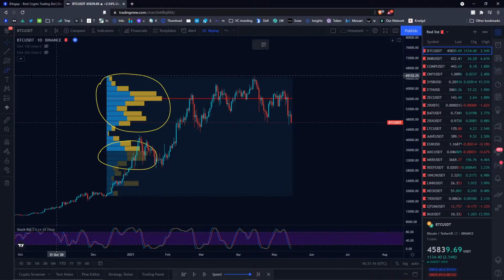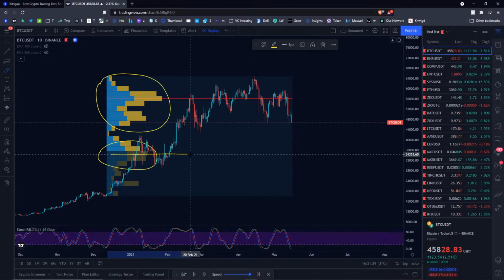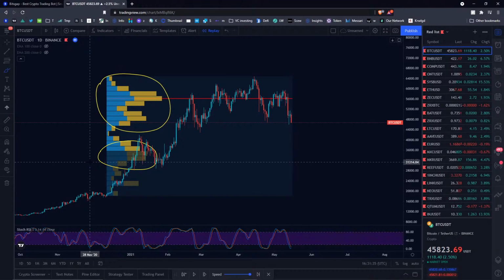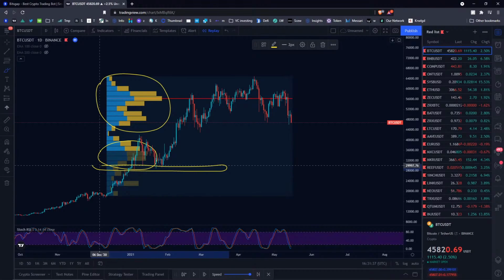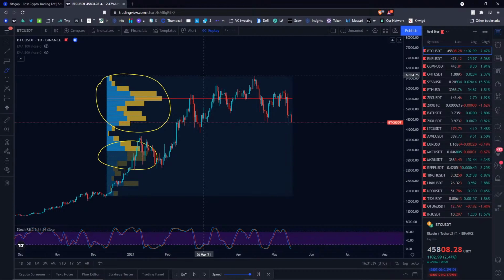So I asked myself what would be the next stop, and now I look at the volume profile and see that the next price level at which I had the highest volume was here at the price of 34,000 approximately. And I can even see the support structure formation over here, exactly where I had my volume.